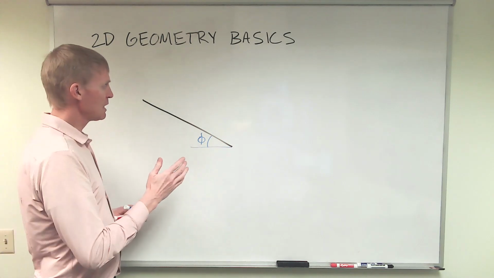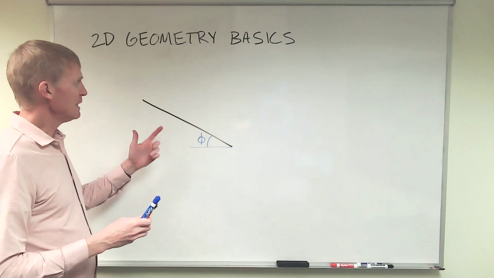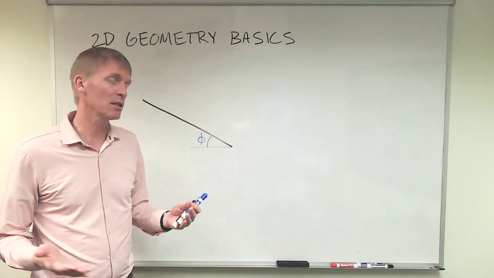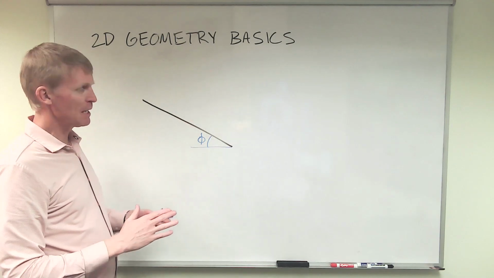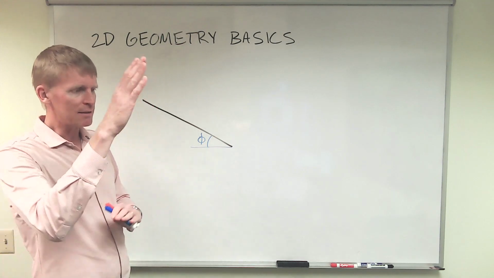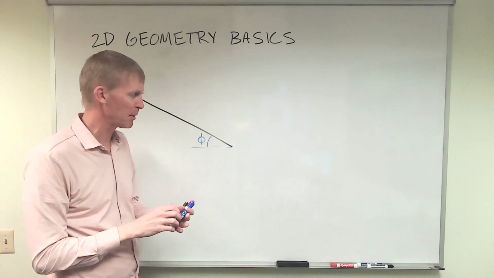Commonly, especially in the statics and dynamics that I teach, we need to find the angle of a line perpendicular to this. Why is it perpendicular? It could be a normal force, which is perpendicular. We have a lot of terms in dynamics where radiuses and velocities are always perpendicular for circular motion, just a lot of different applications.